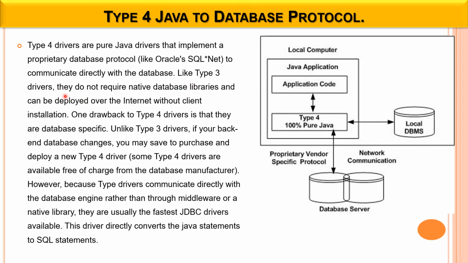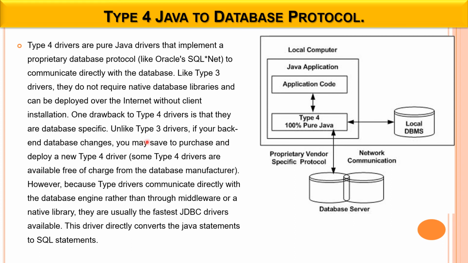Like type 3 drivers, they do not require native database libraries and can be deployed over the internet without client installation. One drawback to type 4 drivers is that they are database specific.